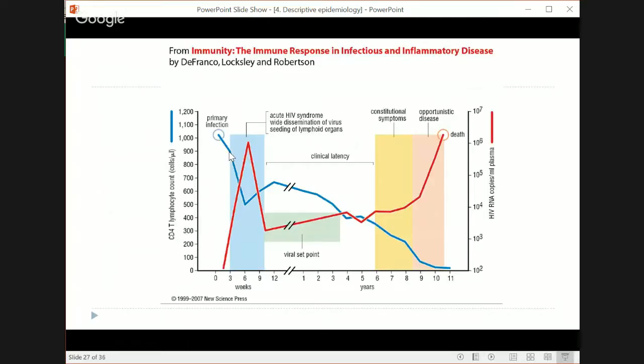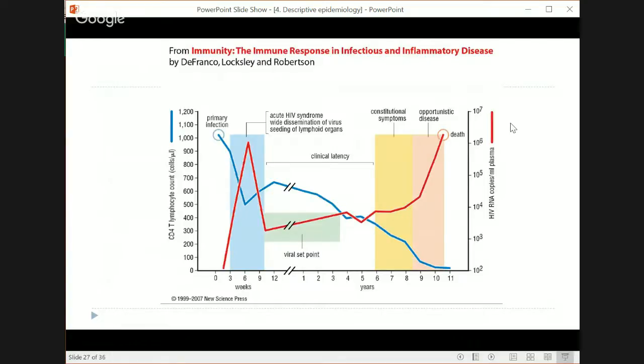So the laboratory assays won't pick up HIV infection, there's a window of time when they don't pick it up. This is right here. Then there's a window of time where we do pick it up. And this blue box is primary infection.